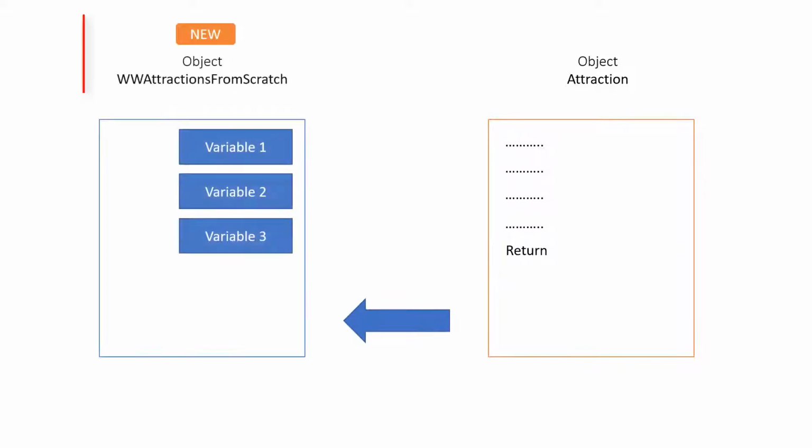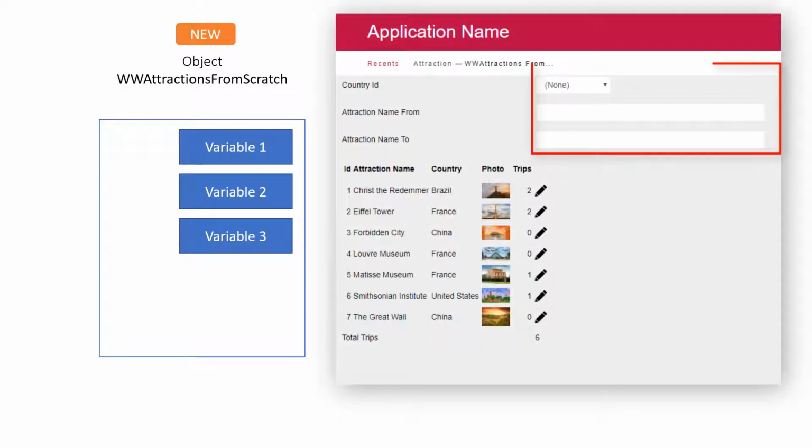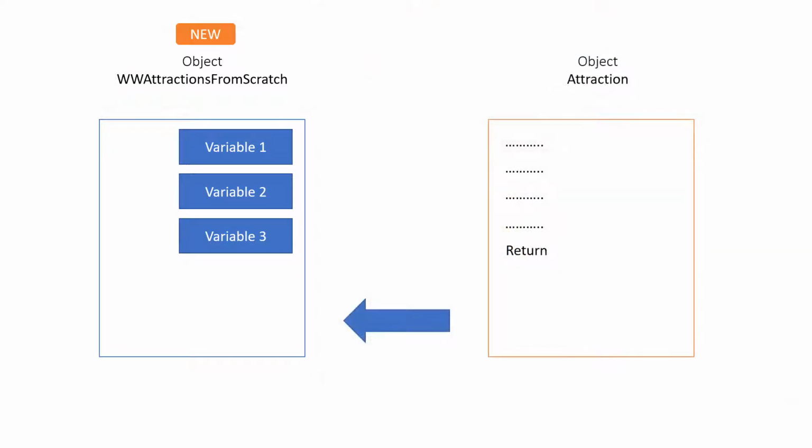On the other hand, the attraction object will take inactive status. Then, when returning from the transaction to the web panel with the return command, the latter object and its variables will be recreated. This is why filter values are no longer displayed. It's actually a new object. Also, the variables used as filters have been created again. The ones existing before invoking the attraction object were destroyed.